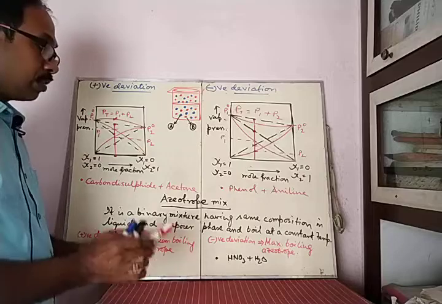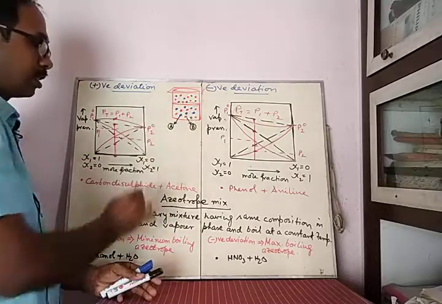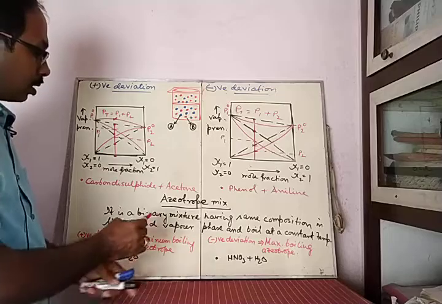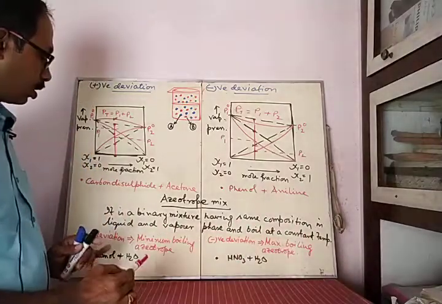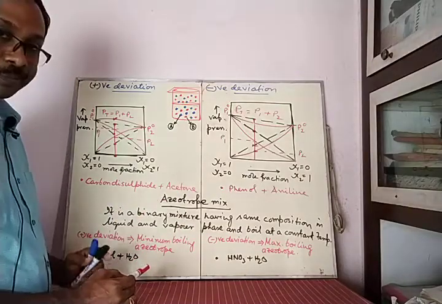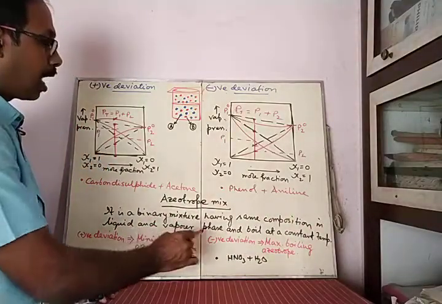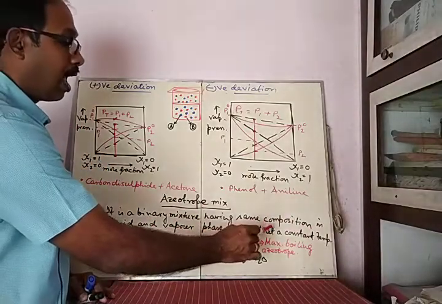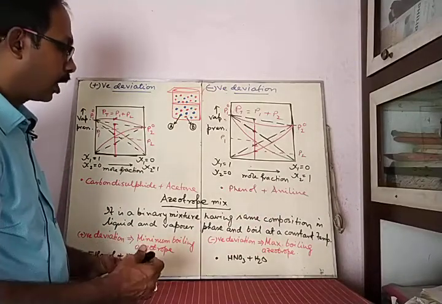So that mixture has the same composition in the two phases and that mixture boils at a constant temperature. So we can define azeotrope mixture as a binary mixture having same composition in liquid and vapor phase and boiling at a constant temperature.